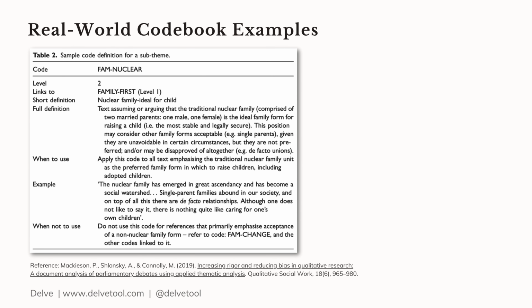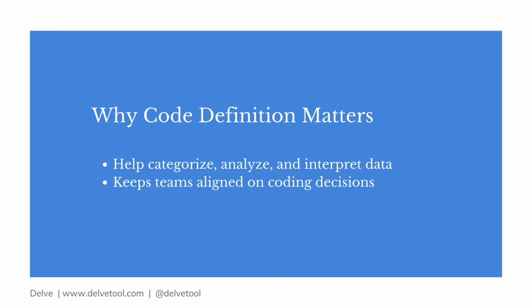Table 2 provides a sample code definition for a subtheme, fam nuclear, which emphasizes the traditional nuclear family. The code definitions for the themes and subthemes help the team categorize, analyze, and interpret their data in a systematic way. It also gave the team a common reference point to make sure they applied codes consistently throughout the project.